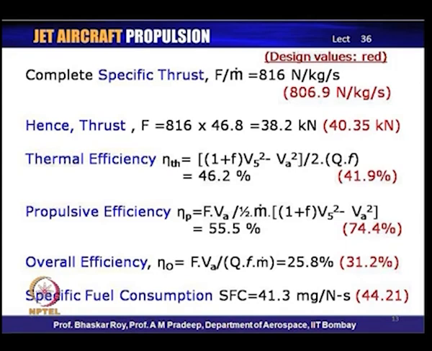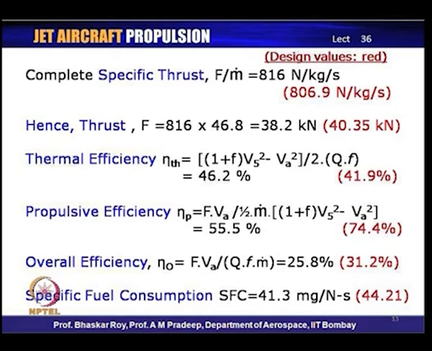That is the energy available to the mass of air passing through the engine, but the engine thrust being created is F, and with the velocity with which it is flying, that tells us the thrust work being done. So, when we compare the thrust work to the energy available to the gas, we find that only 55.5% of the energy available to the gas is indeed being used for thrust creation, and the rest of it is likely to be wasted in exhaust energy.